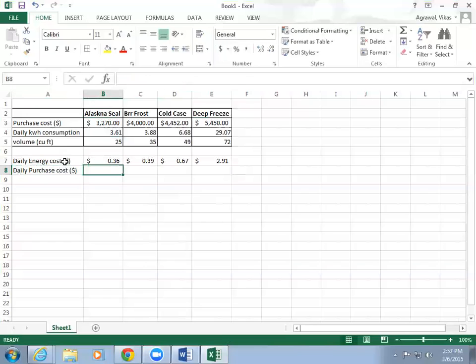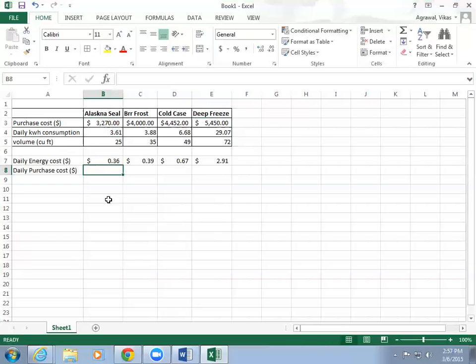If you read the case, it says Green Market expenses capital purchases over a 3-year period, so we have to convert that into a daily cost, because our energy consumption is on a daily basis. Alternatively, you can convert the daily kilowatt hour into a 3-year period. That won't be wrong. Are you guys with me?